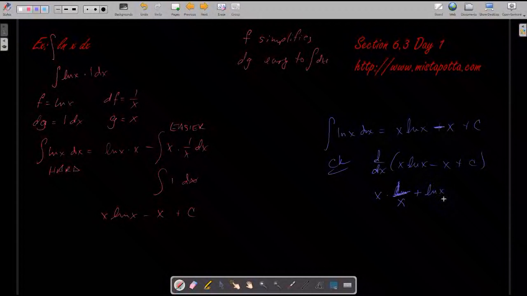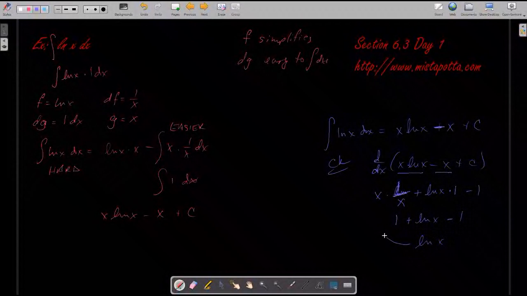The derivative of this term would just be 1. So I end up with 1 plus the natural log of x minus 1, which is natural log of x, what I started off with.